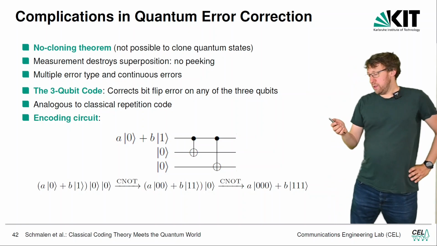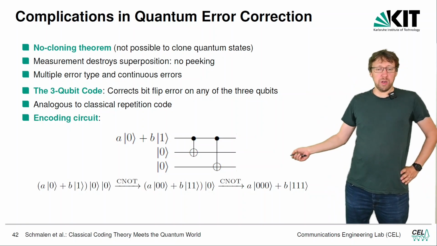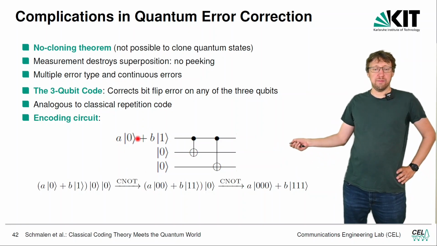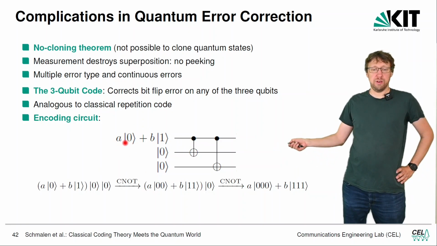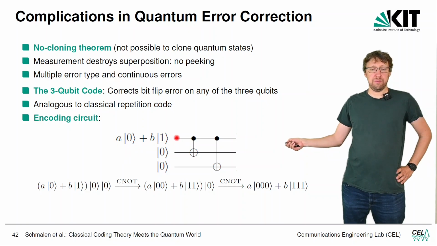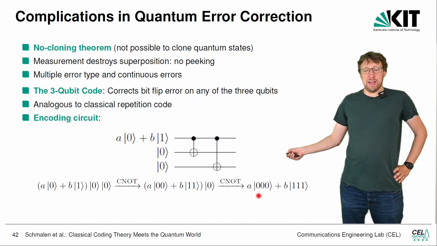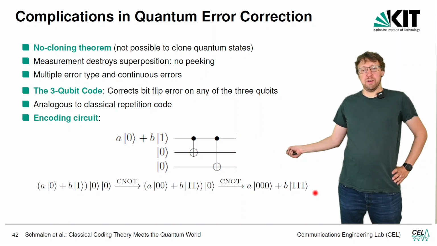So here we have our circuit. What we have over here in the circuit is we start with a quantum state, a superposition of A and B. So we have our state, and we do a CNOT with 0 as the second input. So we do 2 CNOTs. So we have an entangled state A times 000 plus B times 111.